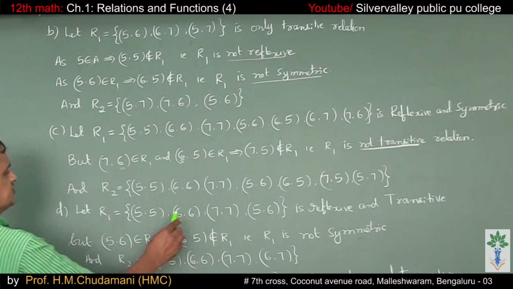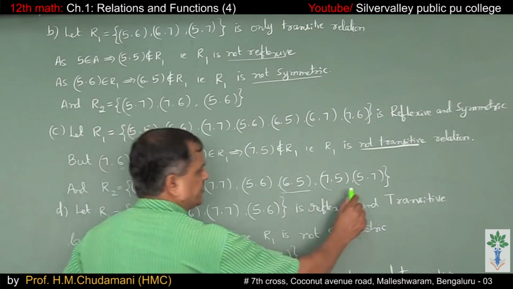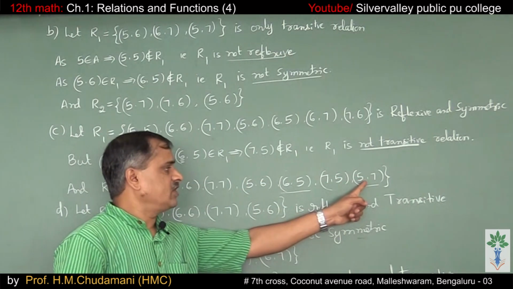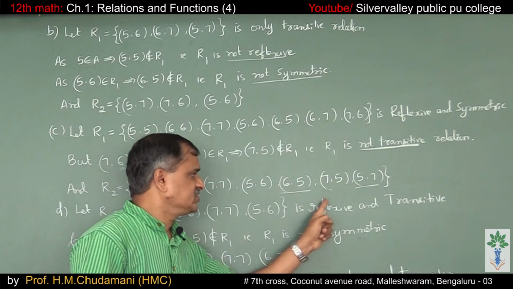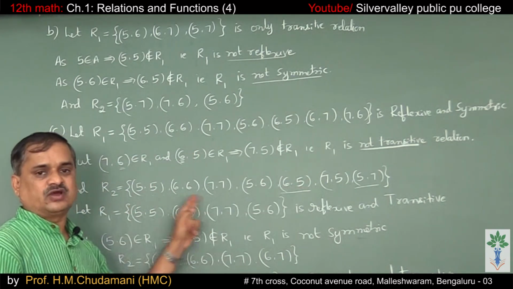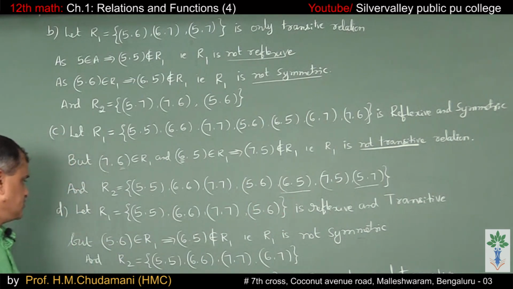Why? Because I will select 6 comma 5 and 5 comma 7. 6 comma 5 and 5 comma 7 belong to R2 but 6 comma 7 does not belong to relation R2. That's why it is not transitive.